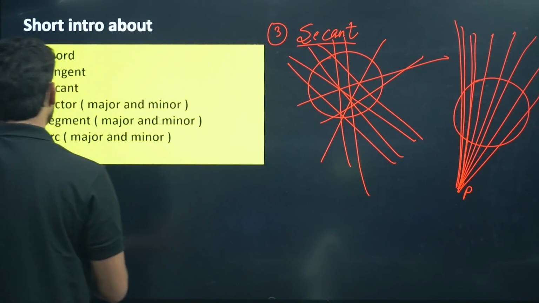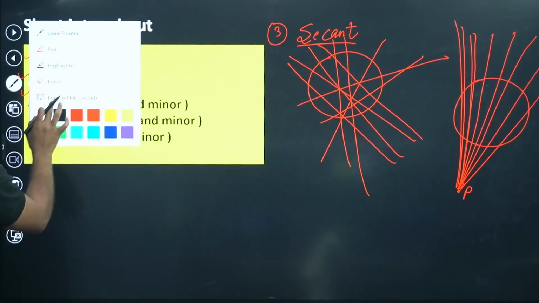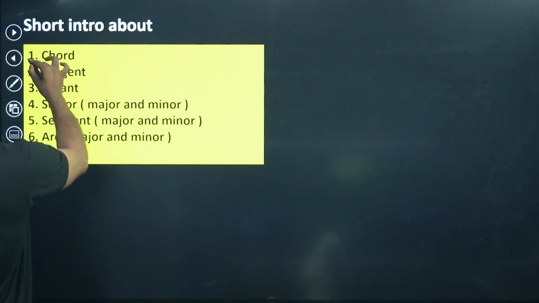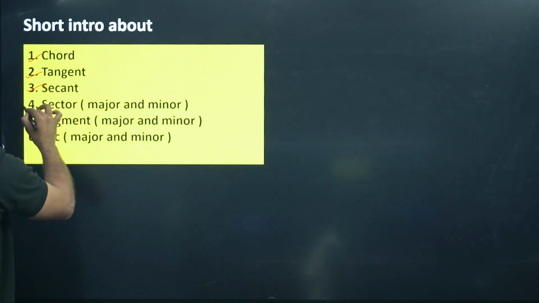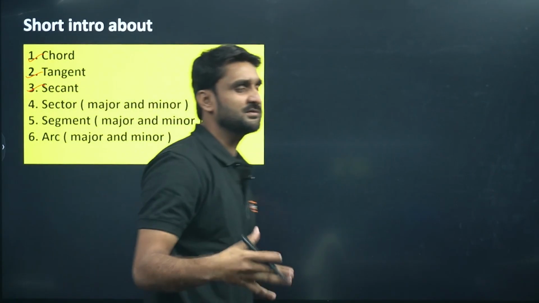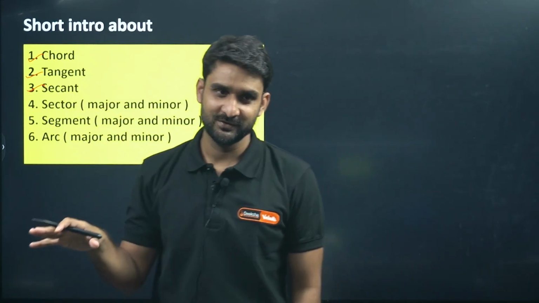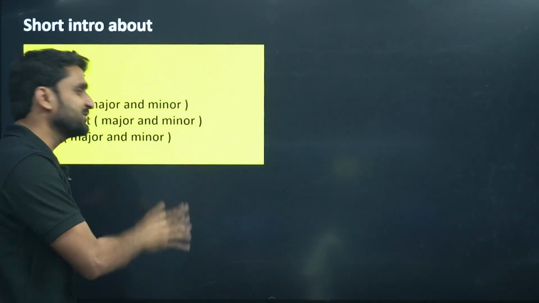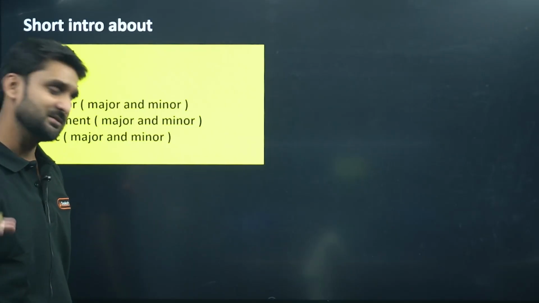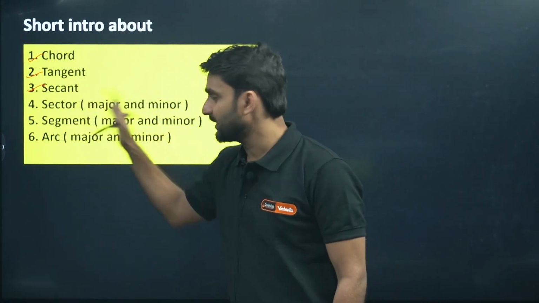Okay. The next point is sector. What is called sector? We are going to talk about sector here. Sector we will discuss because in your chapter, sector and segment both are important parts. In board examination, from this chapter on area related to circles, generally most of the numerical questions are asked from the sector and segment part.